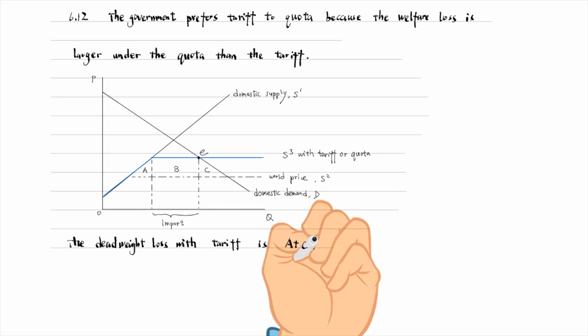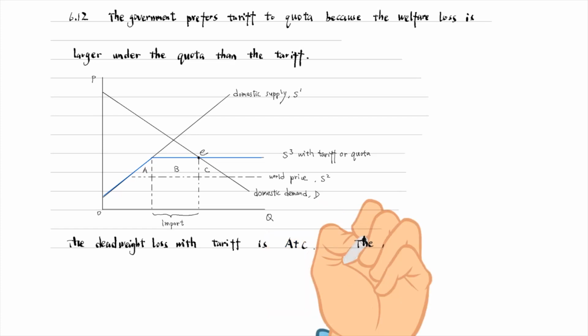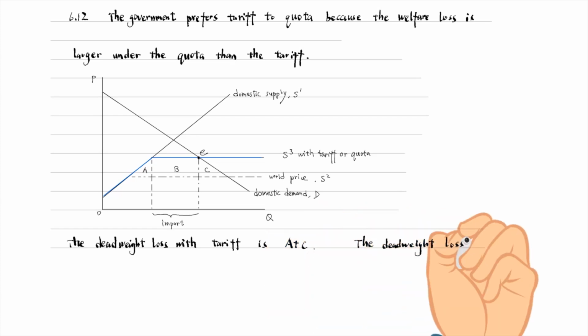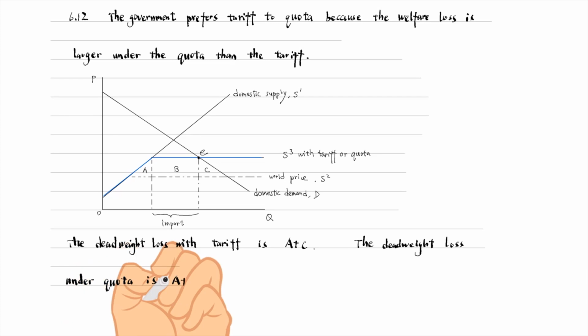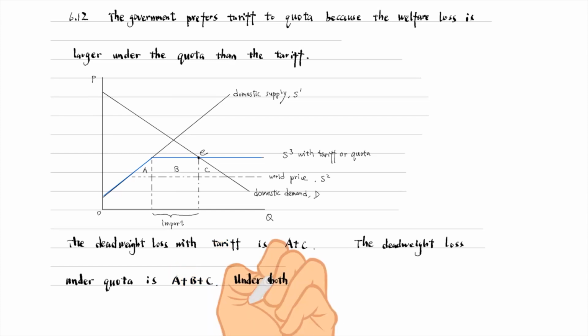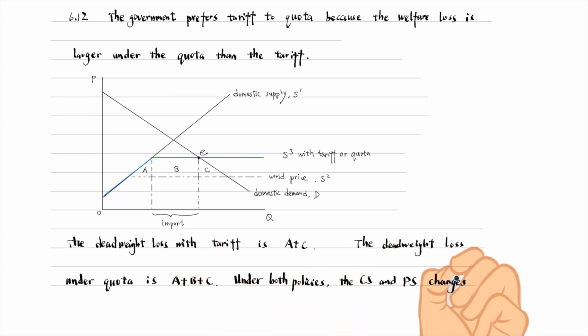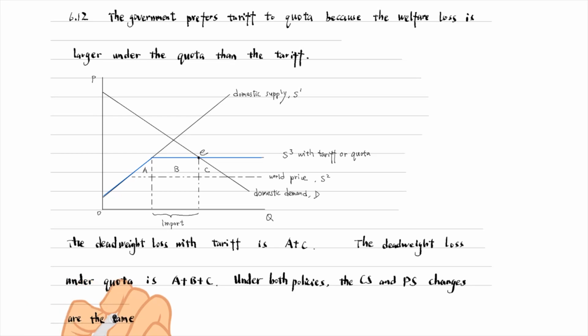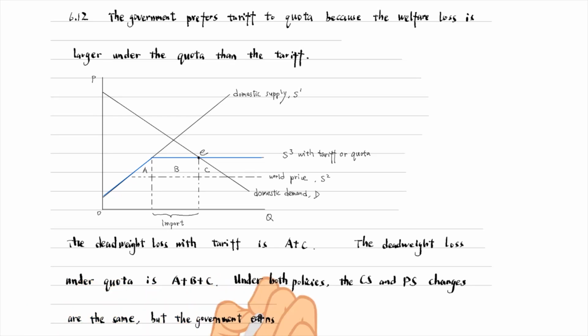If the government uses a quota to reduce imports by the same amount, the supply curve is still S3, but the government collects no revenue. The deadweight loss rises to A plus B plus C. Under both policies, the consumer surplus and producer surplus changes are the same, but the government earns revenue only from the tariff.